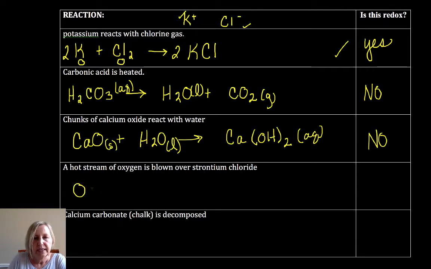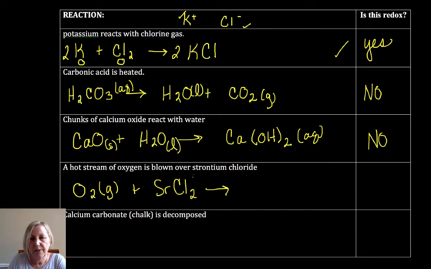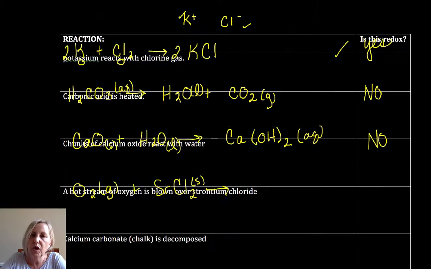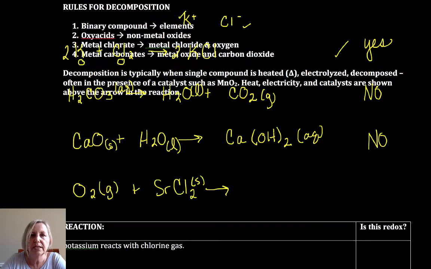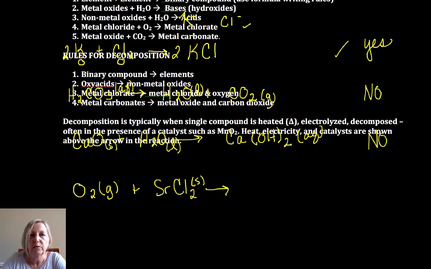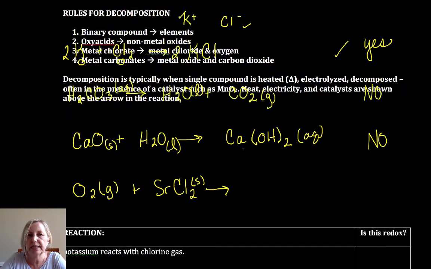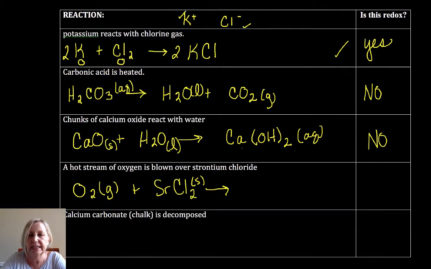Oxygen. A stream of hot oxygen is blown over strontium chloride. Okay, and this is an ionic compound, so it's a solid. And if you look at your rule, oxygen plus chlorides, so metal chlorides plus oxygen makes the metal chlorate.